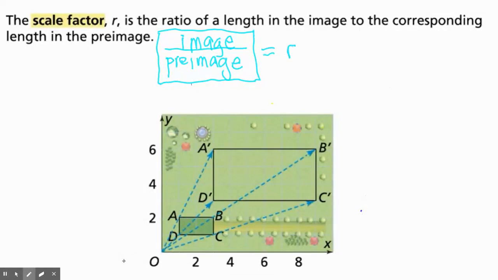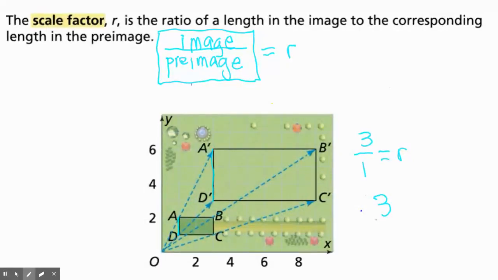Okay, so we look at our corresponding side length, AD, AD. So in our pre-image, we use that formula, it's 3. Our image is 1, and that's equal to R. So our scale factor for this one is 3.